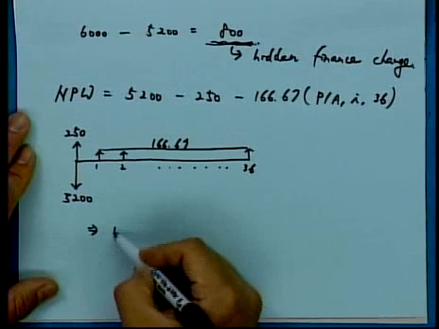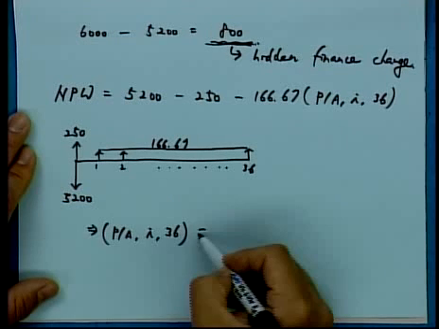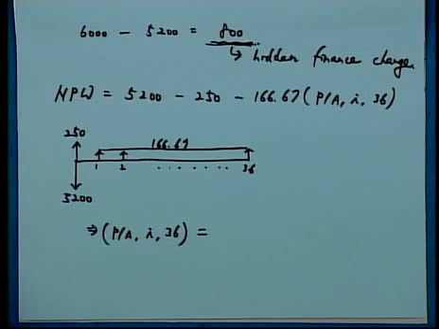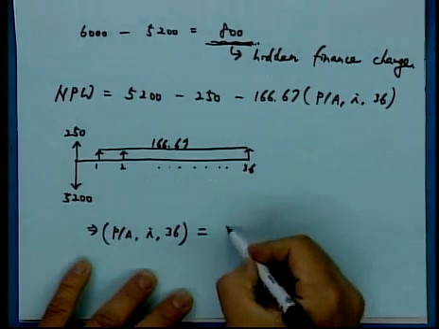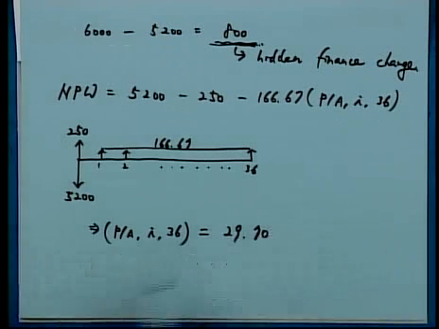So here, P given A, I over 36 is equal to $29.70. Okay.